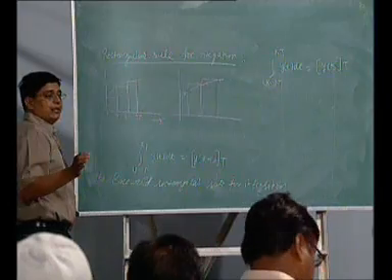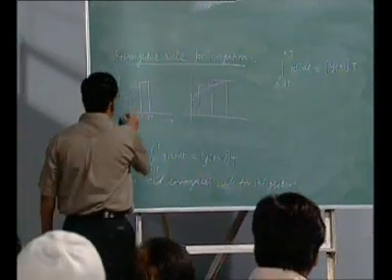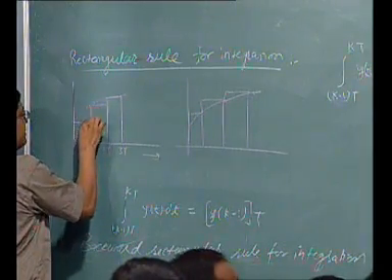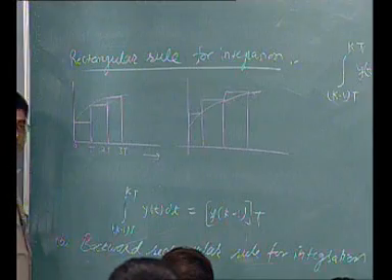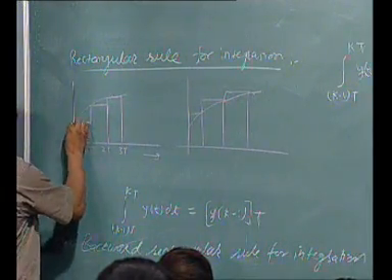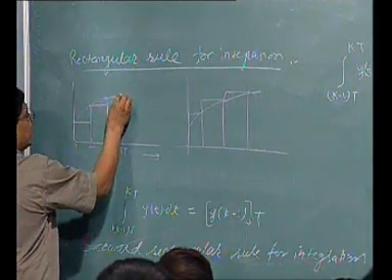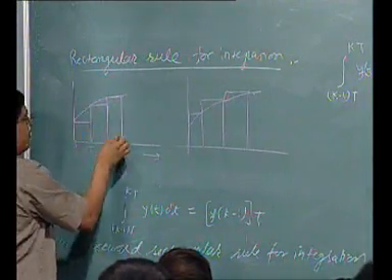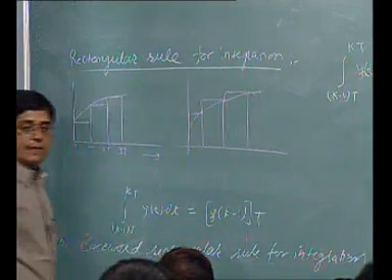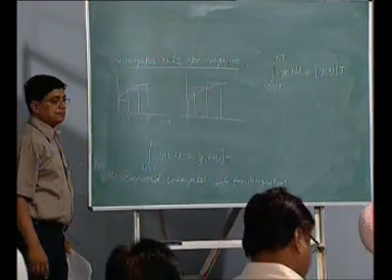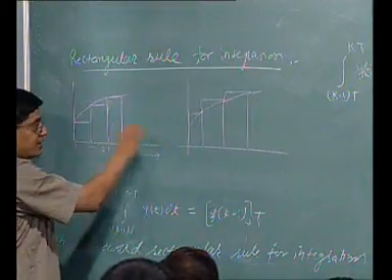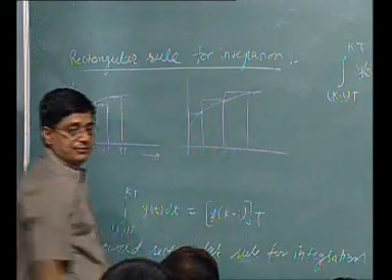So basically what we are doing, in this continuous time system, we have a set of rectangles here. In forward this is the approach, and in backward this is the approach. This is the forward way of integration and this is the backward way of integration.